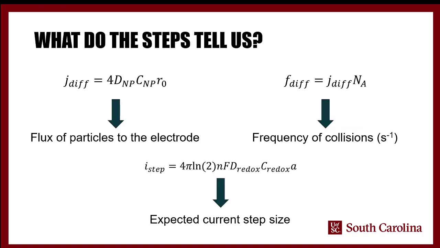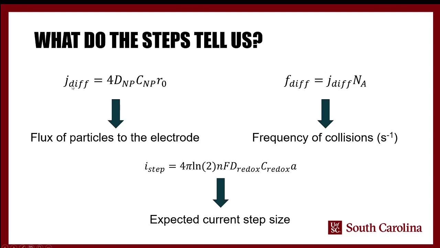All right, so there are a few things that we can learn immediately from the steps. There's three equations here. The equation in the top left is the flux of the particles that you inject to the electrode. These would be the nanoparticles, in this case gold nanoparticles, that you are using as your catalytic material.